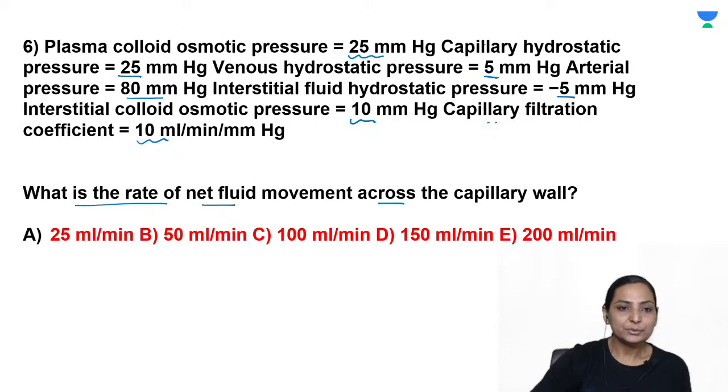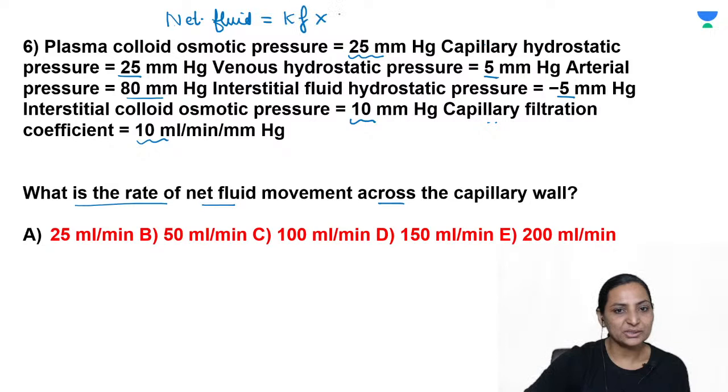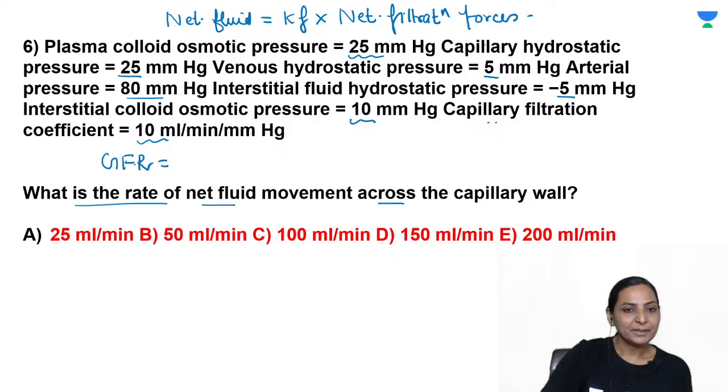Again, this is a very simple one. The net fluid movement is the filtration coefficient into net filtration forces. Similarly, we calculate the same for GFR: GFR is also filtration coefficient into net filtration forces.